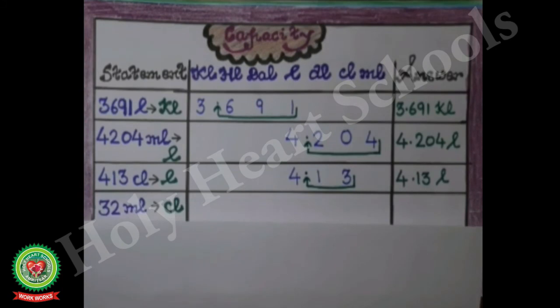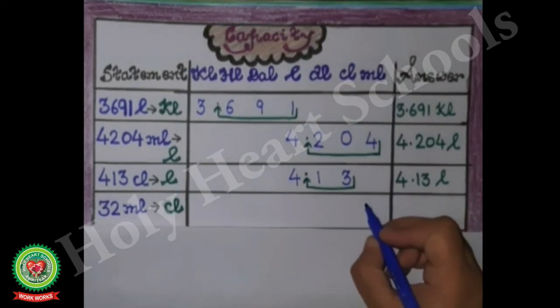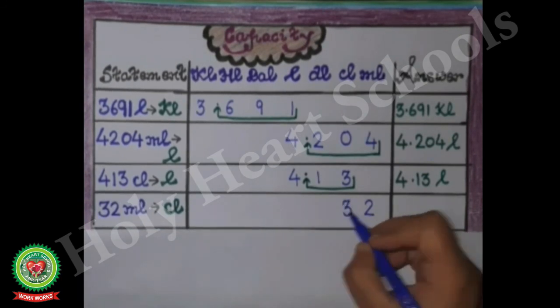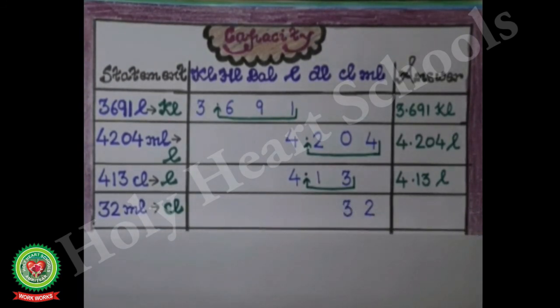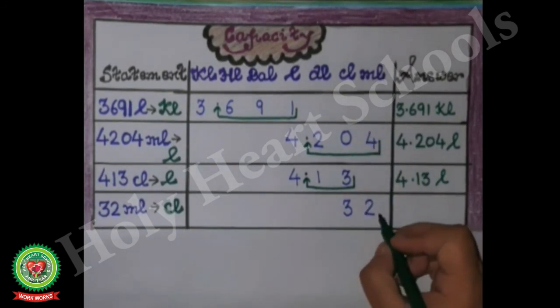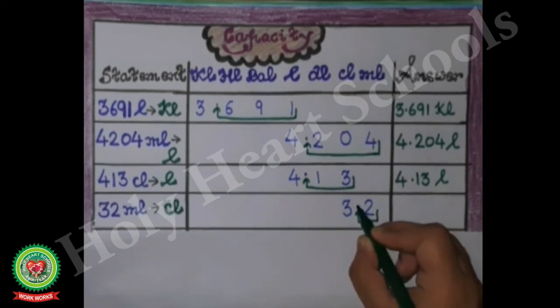Let's take example number 4. 32 milliliters. Let's write down the numbers. 2 under milliliter and 3 under centiliter. We have to move from milliliter towards centiliter. This means here after centiliter, the decimal will come.